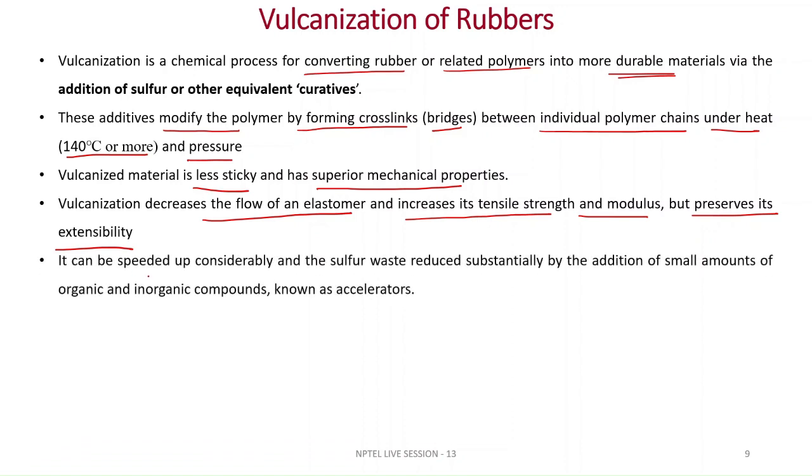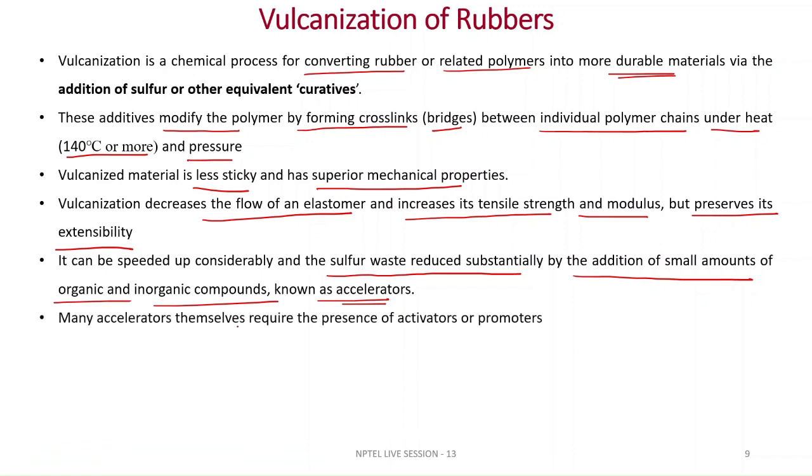The process of vulcanization can be speeded up considerably and the sulfur waste reduced substantially by the addition of small amounts of organic or inorganic compounds which are known as accelerators. Many accelerators themselves require the presence of activators or promoters. So accelerators are not sufficient sometimes; they also depend on activators or promoters.